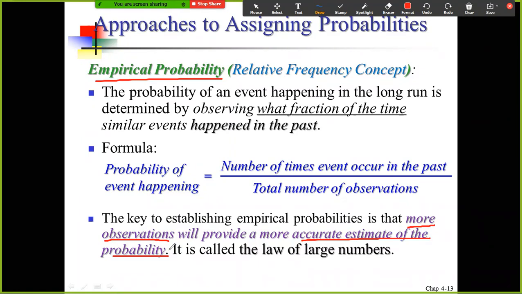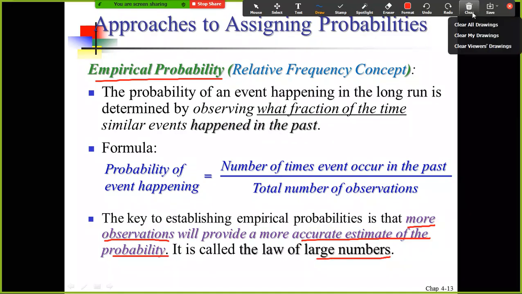If you have more data or information from past experience, the result from the empirical probability calculation will be more accurate. It is called the law of large numbers.